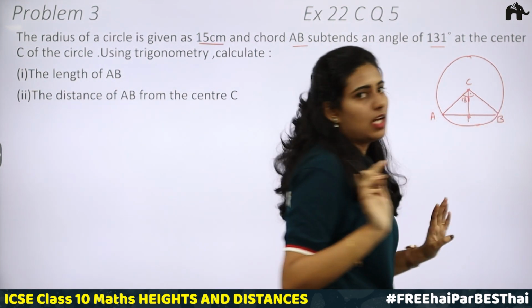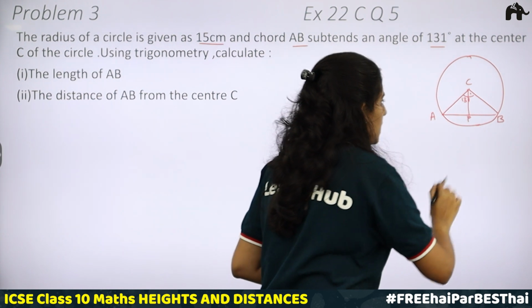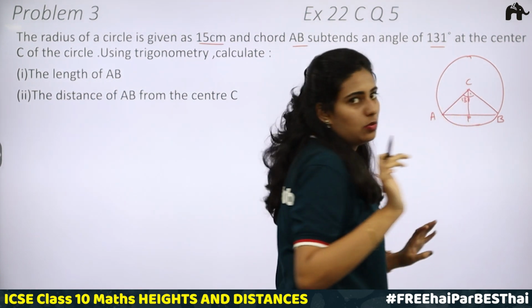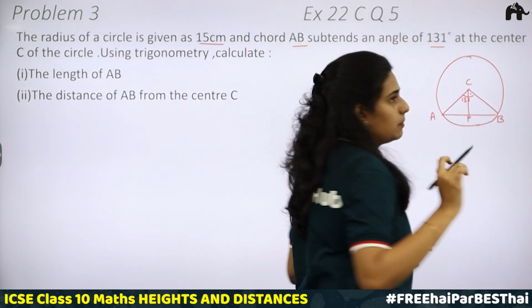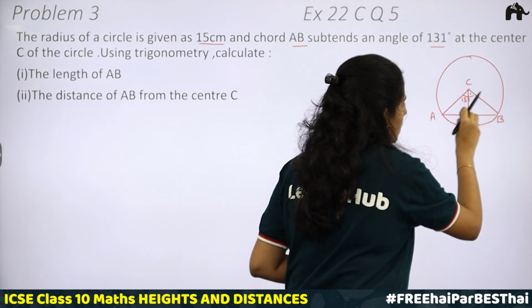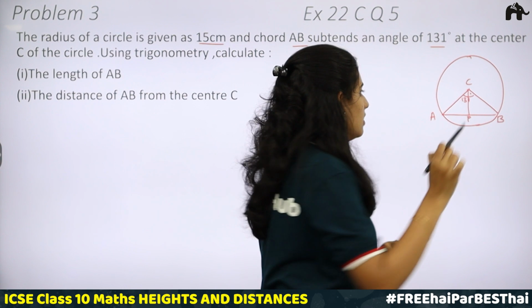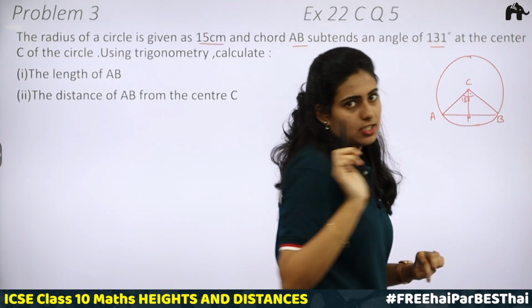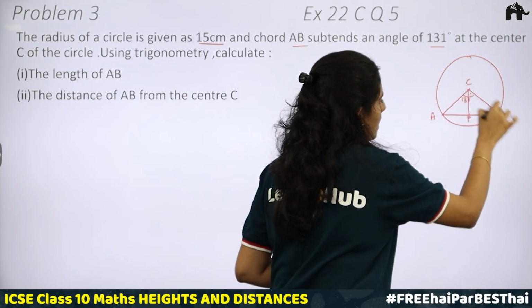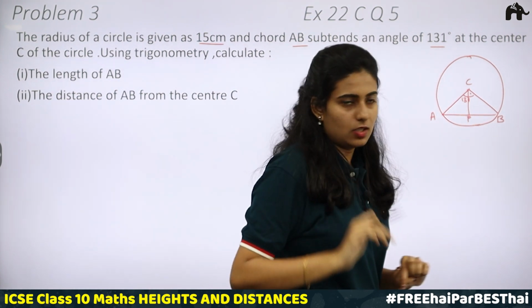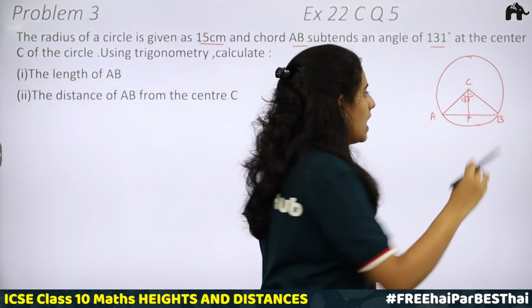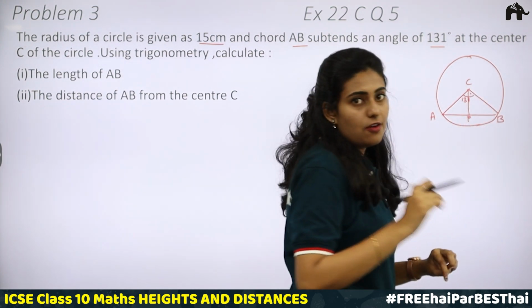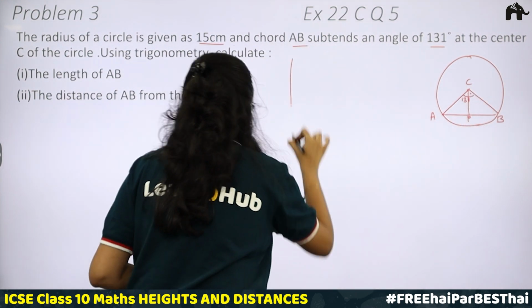This is a perpendicular bisector, which means the angle will be equal. The angle ACP and BCP will be equal. When you drop a perpendicular bisector to any chord, there is an angle bisection happening. Okay. ACP and BCP will be equal, which means ACP will be half of 131 degree and BCP will also be half of 131 degree.